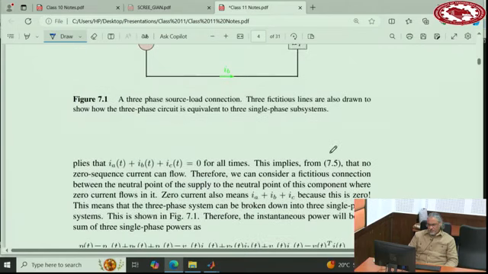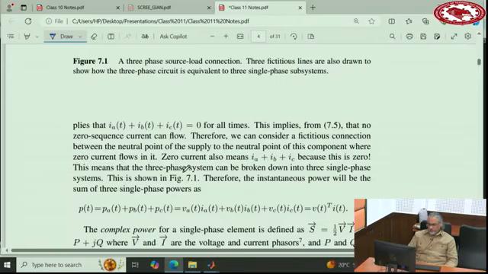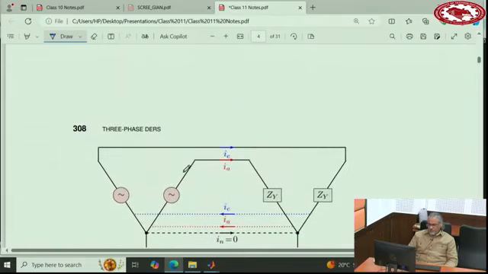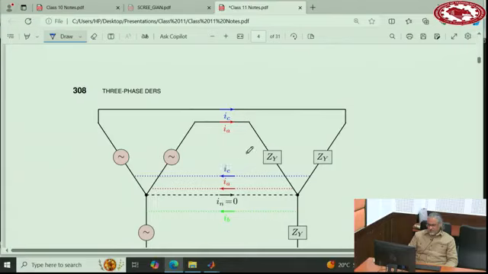If there is no neutral connection, then I_A plus I_B plus I_C is 0, according to Kirchhoff's law. And if that is 0, that means that if you fictitiously, so to speak, connect this point to this point, and again this point to this point, and this point to this point, you can say I_A runs here, I_B runs here, I_C runs here.